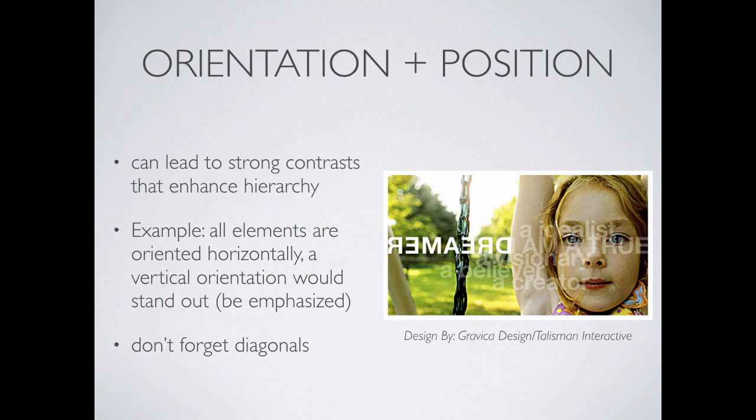Orientation and position can lead to very strong contrasts, and they can actually provide a focal point or enhance the hierarchy altogether. So, for example, you have everything oriented horizontally, and then suddenly you throw in one vertical element. That vertical element is the big contrasting piece. Right? So in this context, when we look at this particular little poster, right, we have everything laid out very horizontal, right?